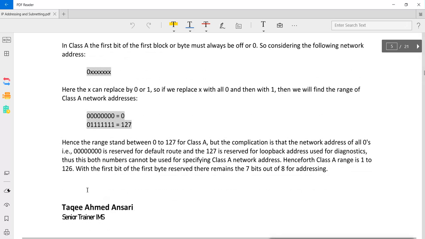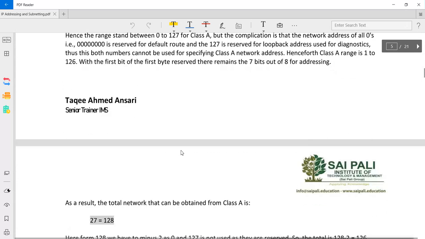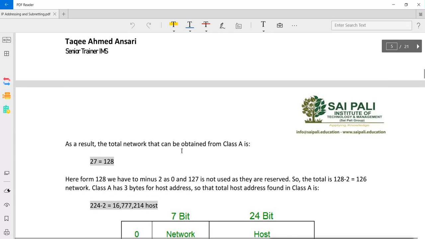Now what it says here: with the first bit of the first byte reserved, there remain 7 bits out of 8 for addressing. That means this first bit is reserved and it must be 0, it cannot be 1. So totally we have 7 bits for addressing.